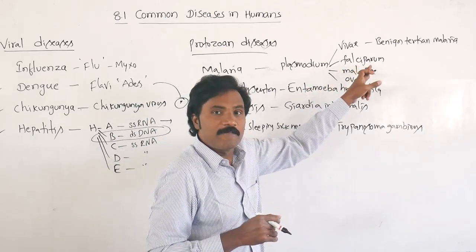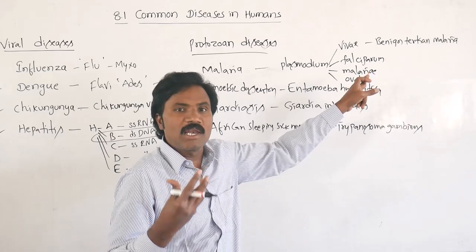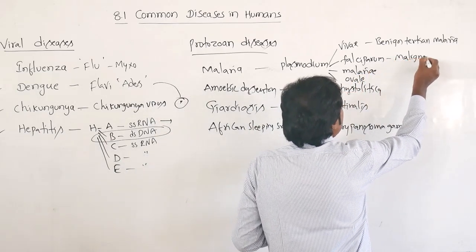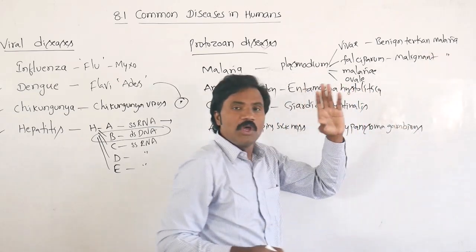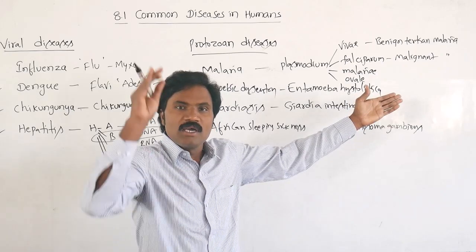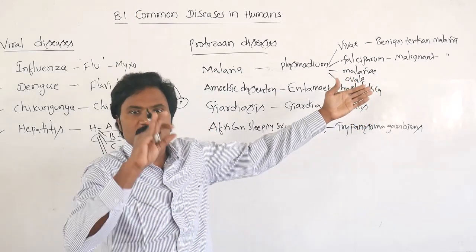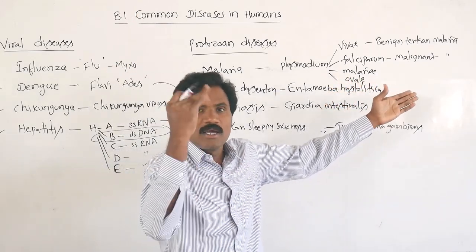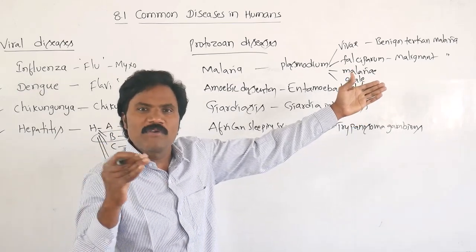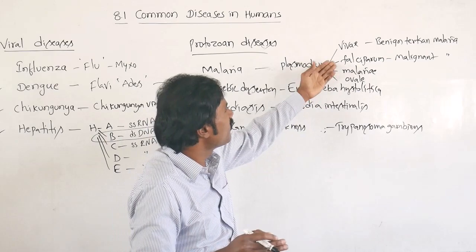Then falciparum, that means malignant tertian malaria, which is very dreadful and dangerous. It is present in Africa as well as America, in tropical as well as temperate regions. Some parts of our country also have falciparum.